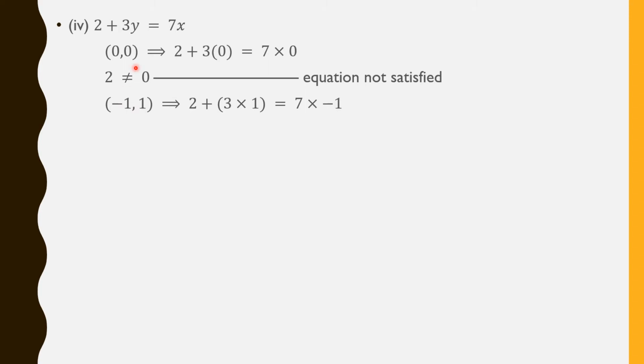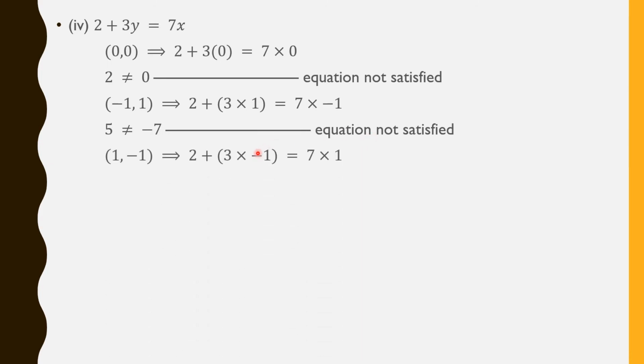Substituting (minus 1, 1), 2 plus 3 into 1 equals 7 into minus 1, which gives 5 not equal to minus 7. Therefore, equation not satisfied. Now next coordinate is (1, minus 1). Substituting (1, minus 1), I will get 2 plus 3 into minus 1 equals 7 into 1, which gives minus 1 not equal to 7. Therefore, equation not satisfied.